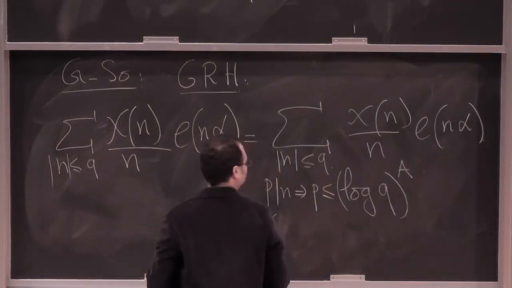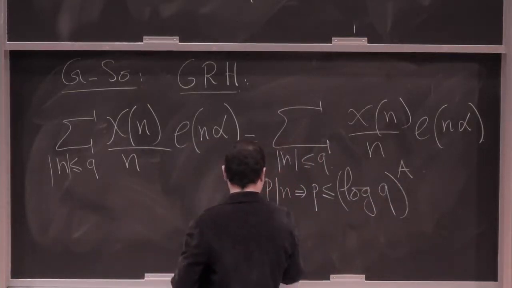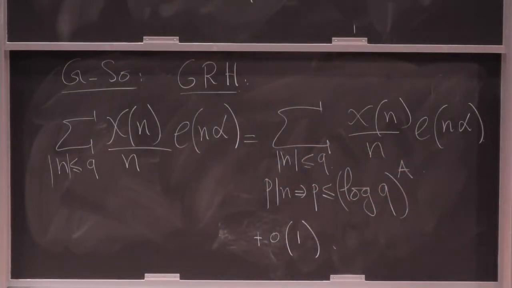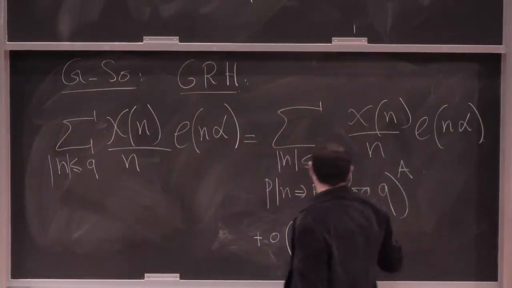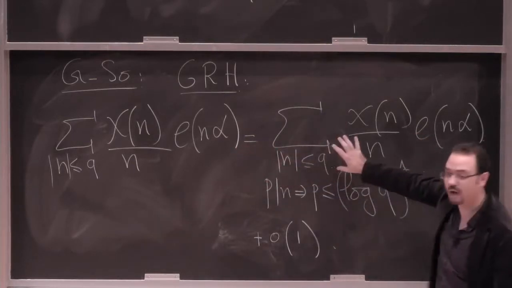If I take this A large, then I can add just a little of 1. It's fine. And so this is why everything gets rescaled from q to log q, because once you have this information, you plug it into the Fourier expansion and you bound this.